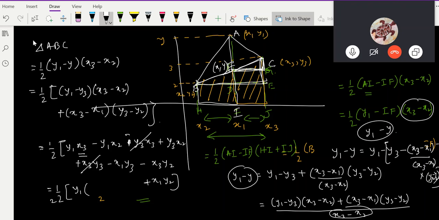So x3 minus x2, plus y2 terms together, x1 minus x3, plus y3 terms together, x2 minus x1. This is the form of the final expression.